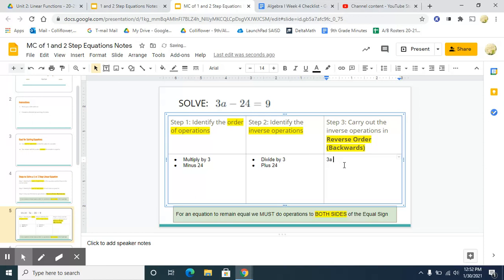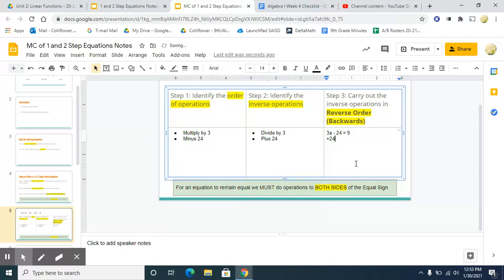So I have 3a minus 24 equals 9. I'm going to do the operations in reverse order. So I'm going to do plus 24. And since this is an equation, I'm going to do this to both sides.